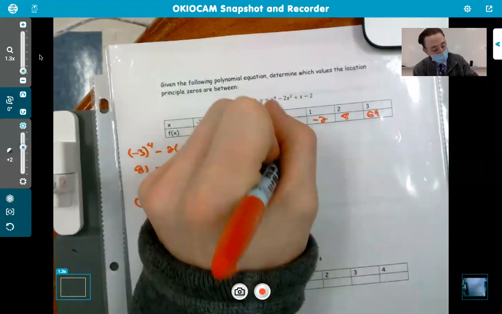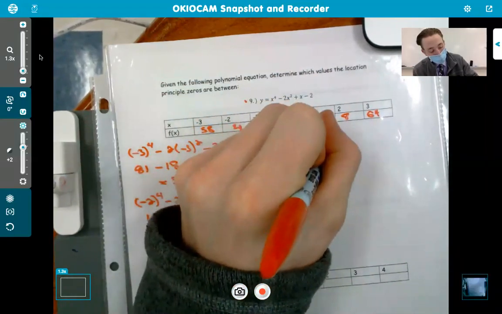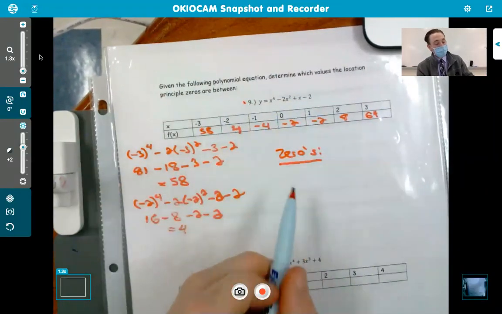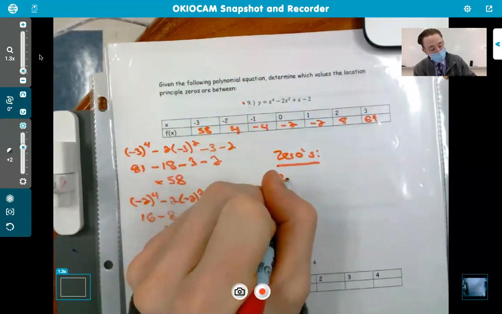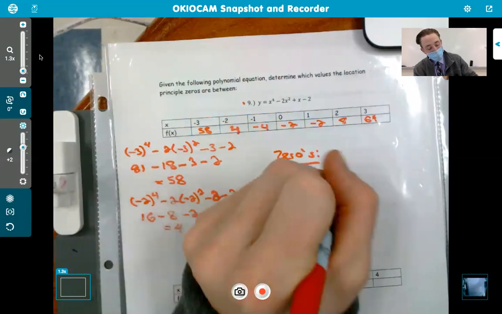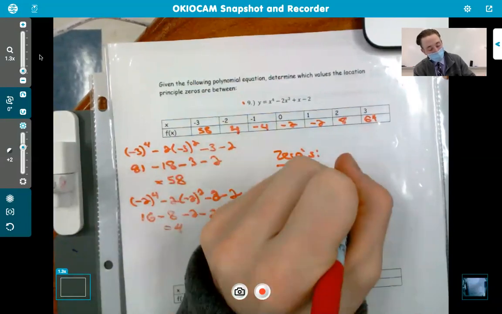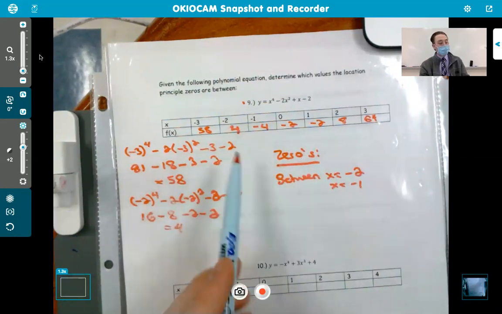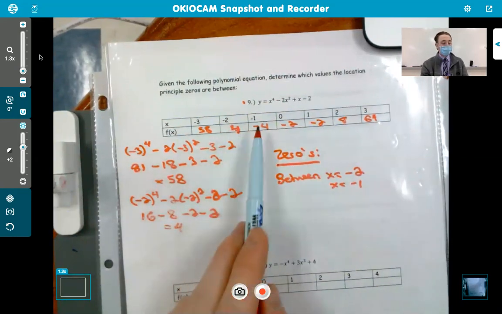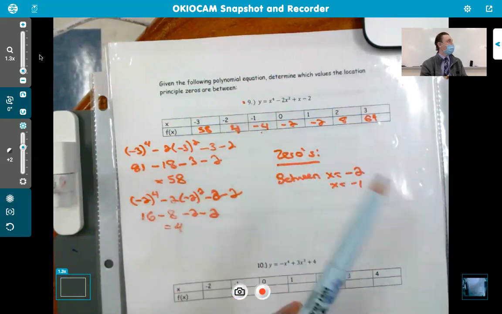What I'm going to write for the zeros is the x values that are between. So I'll say the first 0 is between x equals -2 and x equals -1, right? Because that's where I make that transition from positive 4 to -4. So it's between -2 and -1.